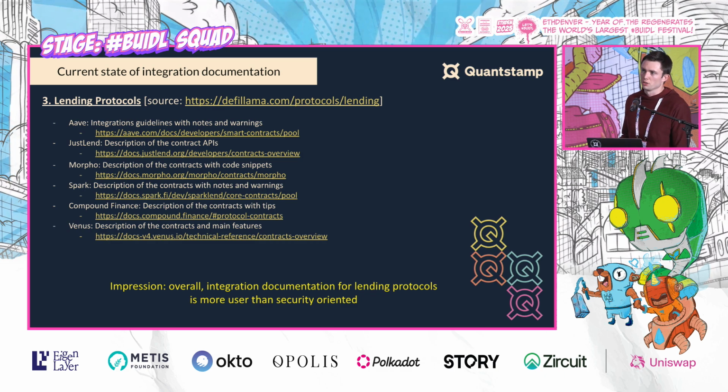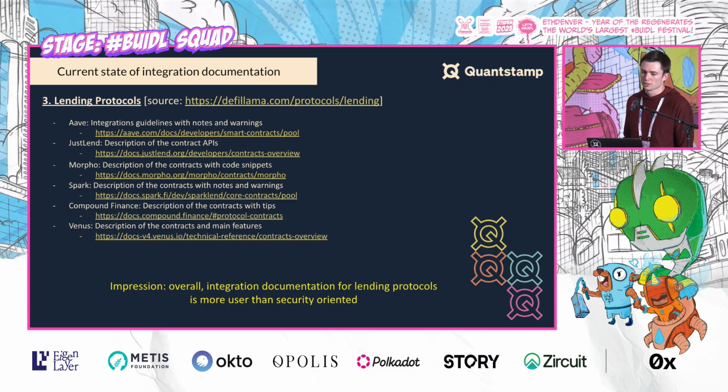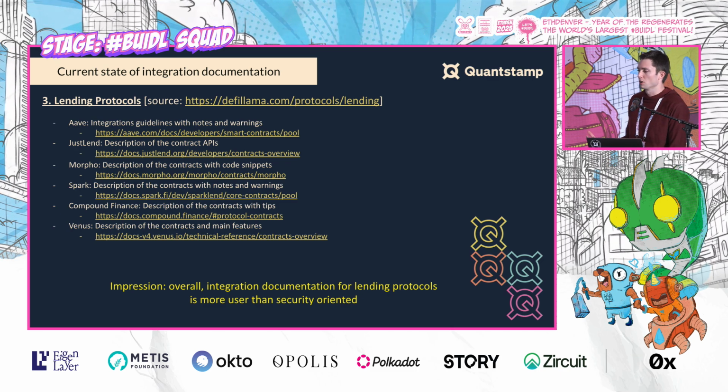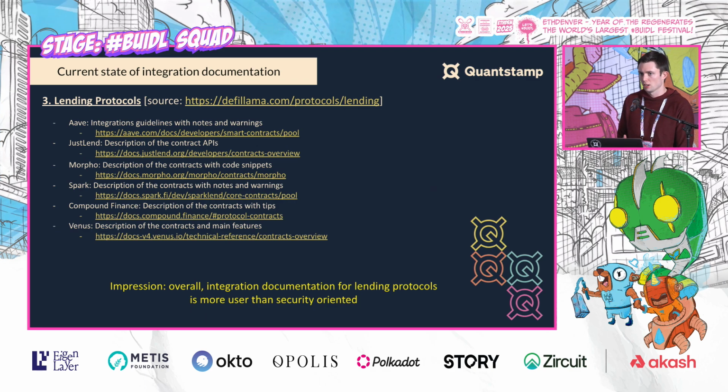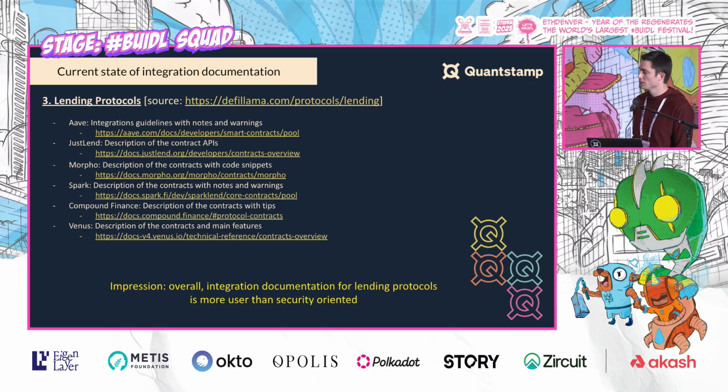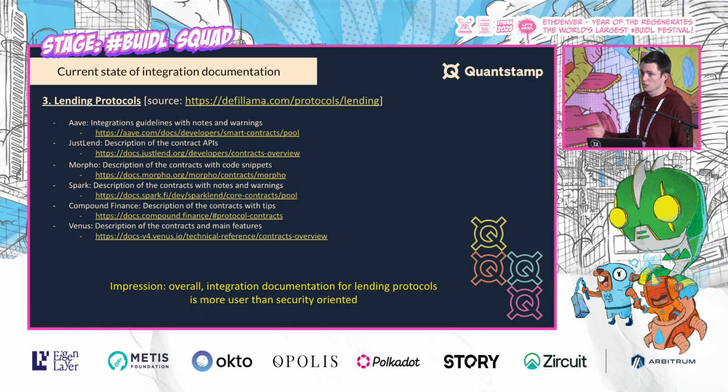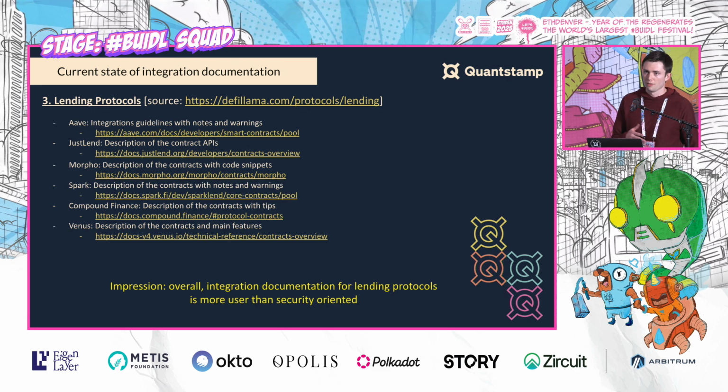These lending protocols are used as a base for other projects and therefore should have security protocols and security considerations that are developer-facing and security-oriented, to give developers the best chance to integrate with these protocols without having a hack.